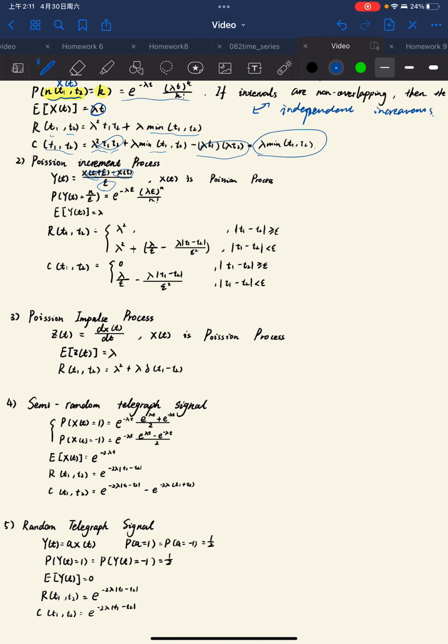If we follow this, it is called the Poisson increment process.